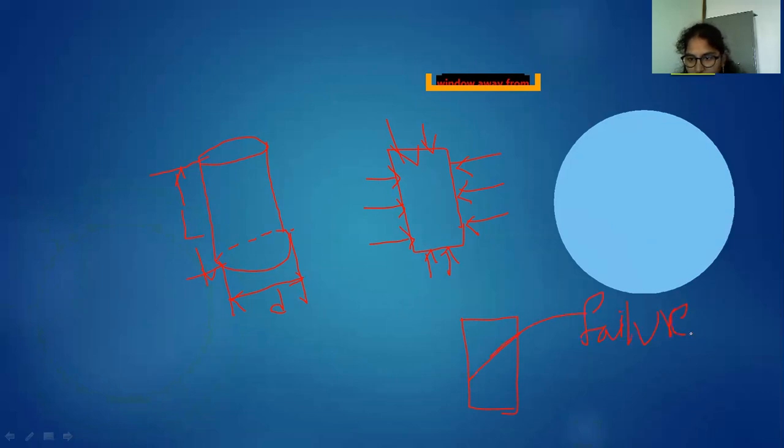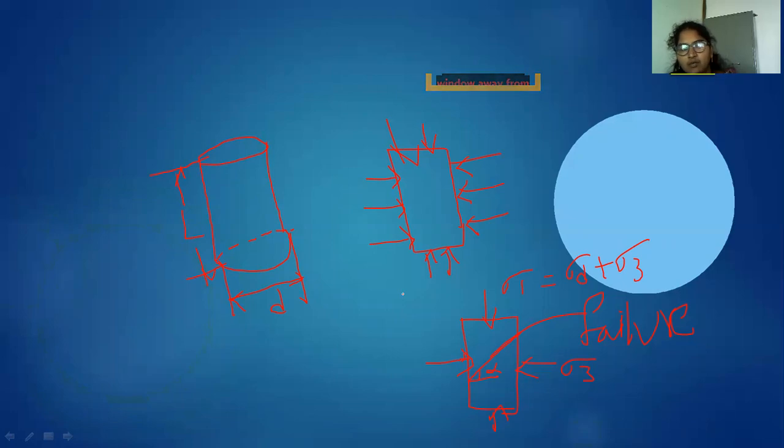Here a certain angle will be there, indicated by alpha, and here pressure will be applied, and here also pressure sigma 3. So finally sigma 1 is equal to the deviator stress plus sigma 3. Here also load will be applied.